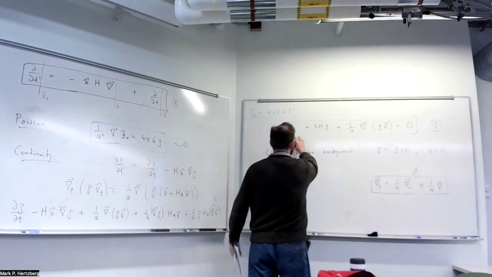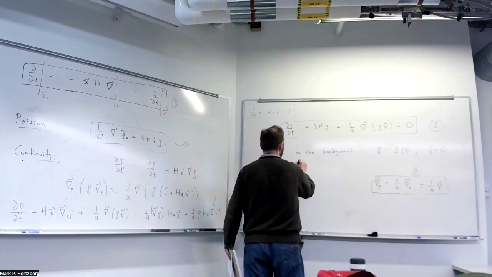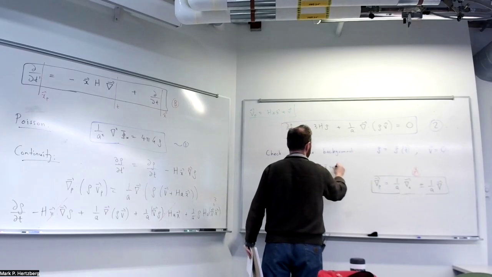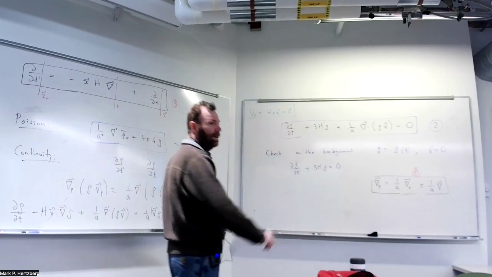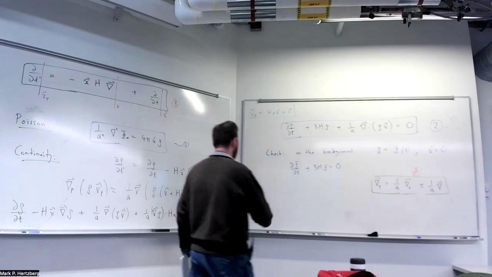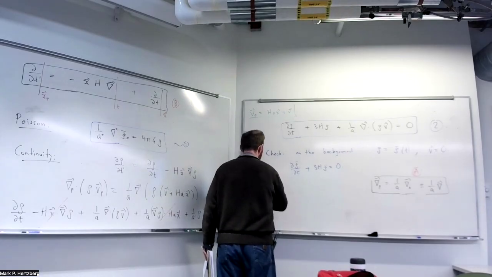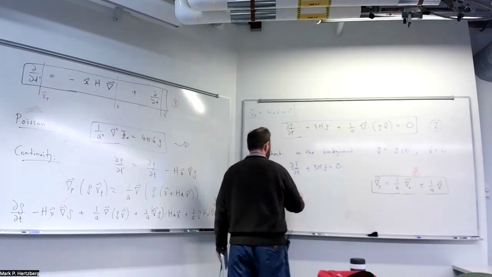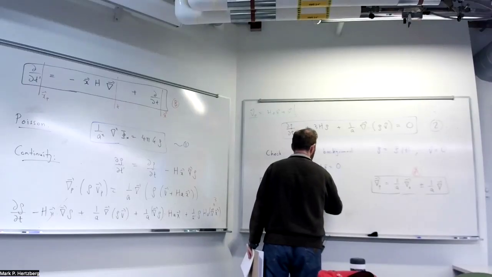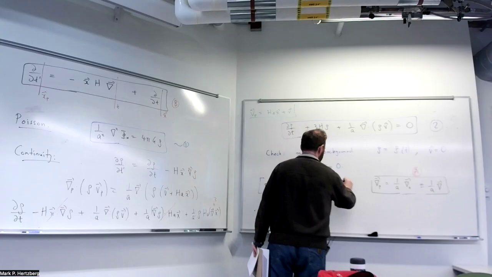So now this equation says d rho background dt plus 3H rho background equals 0. And does this thing look familiar? Earlier on in the course, we derived from general relativity d rho bar dt plus 3H rho bar plus the pressure.